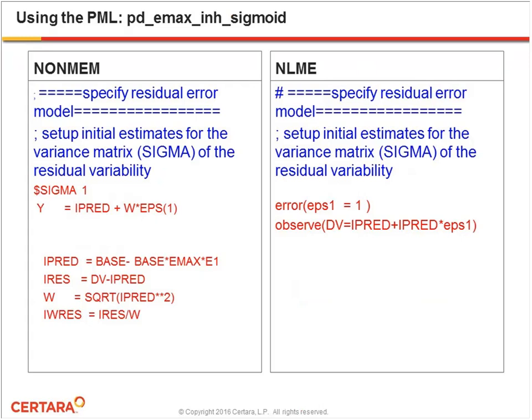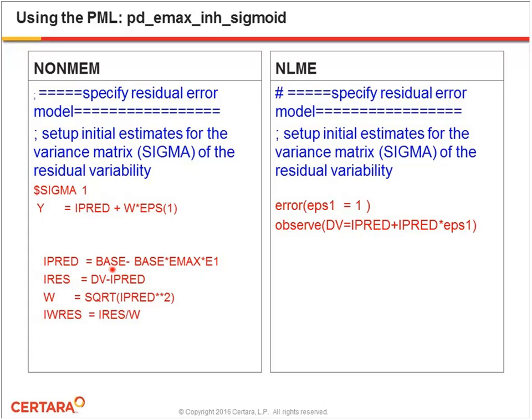The equivalent description in PML code uses the error statement where we set the initial value for epsilon to 1, and we use the observe statement to say that the dependent variable is just the individual prediction plus the fraction of the individual prediction multiplied by epsilon.